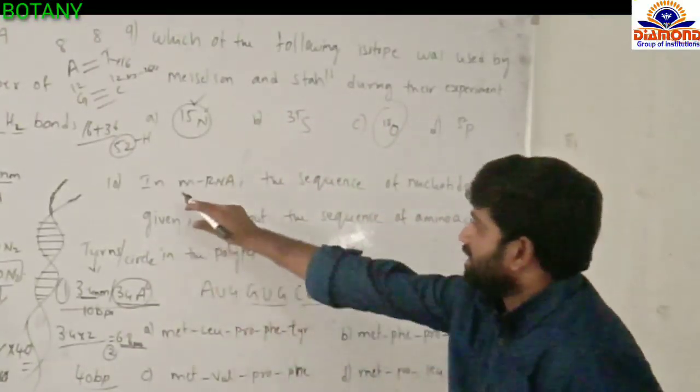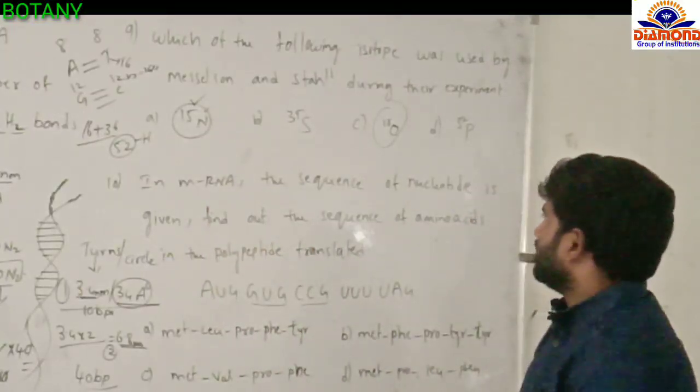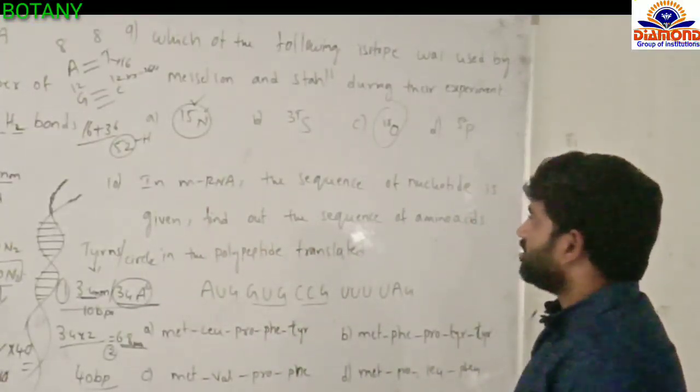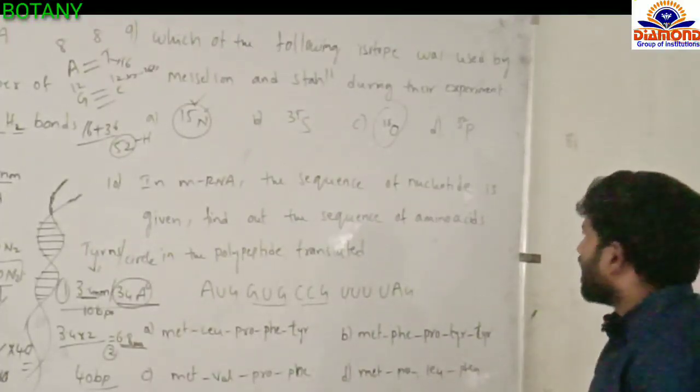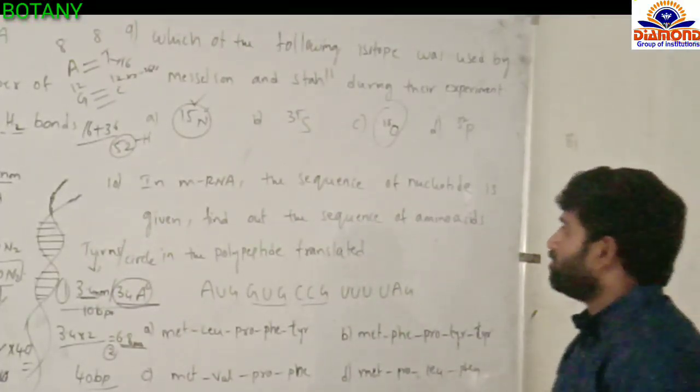And the 10th question: in an mRNA the sequence of nucleotides is given. Find out the sequence of amino acids in the polypeptide translated.